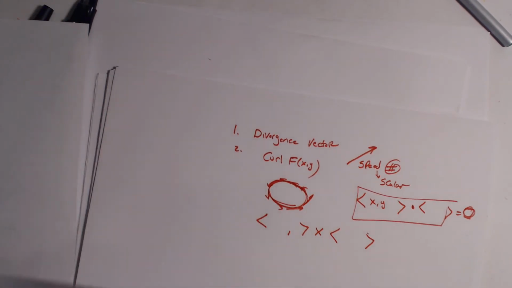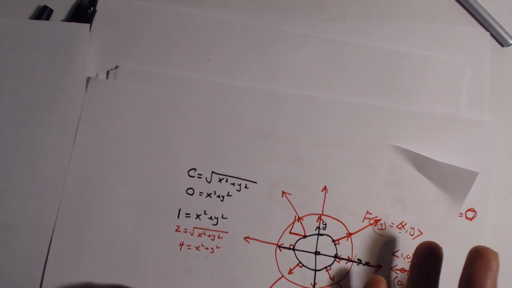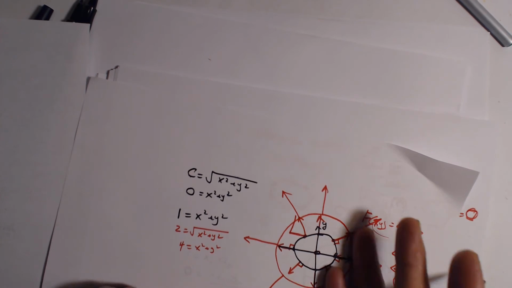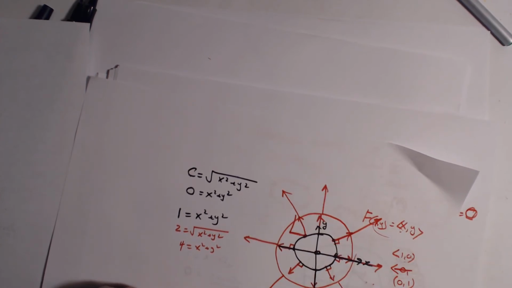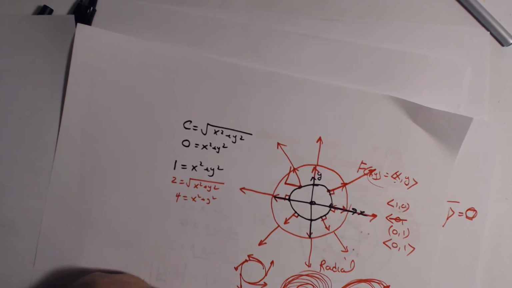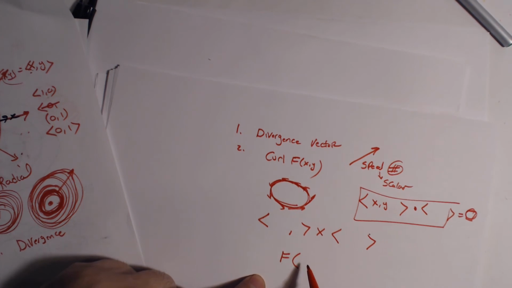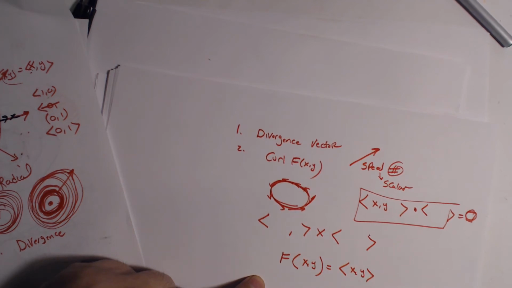Let's go back and look at this one. That was my vector field. And for that vector field, you know the curl is 0, but it does have a divergence. And I'm going to ask you, what is the divergence? If you have a vector field of x and y, you have to dot it with another vector.